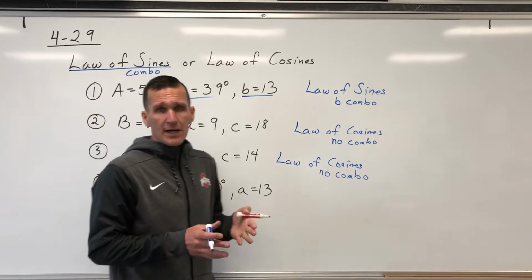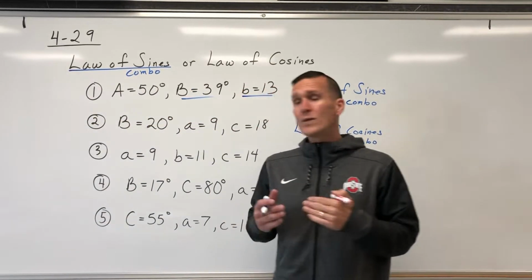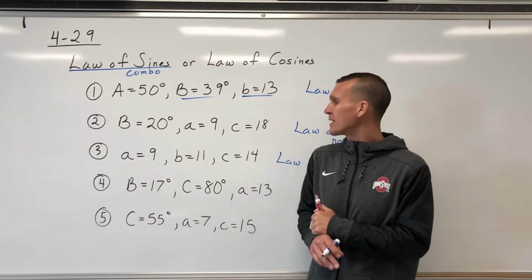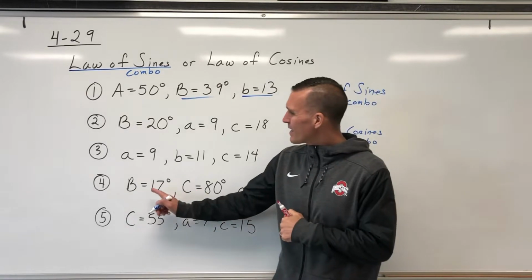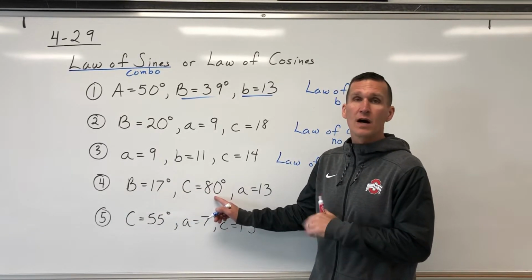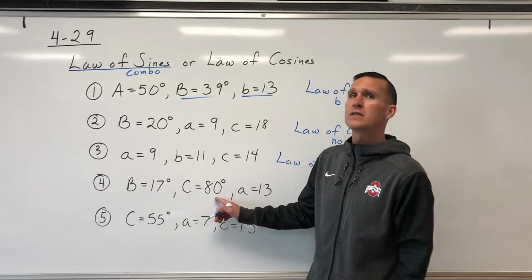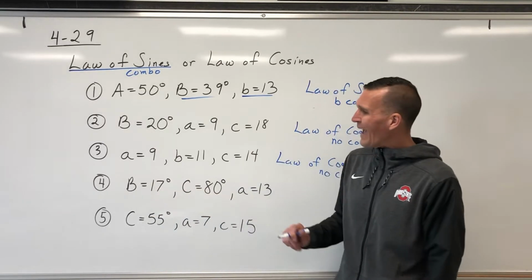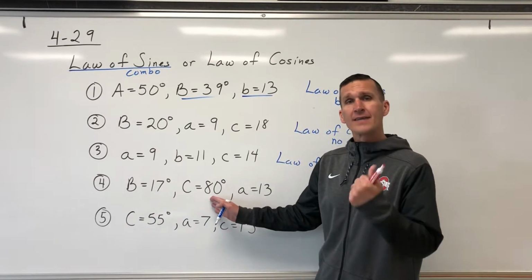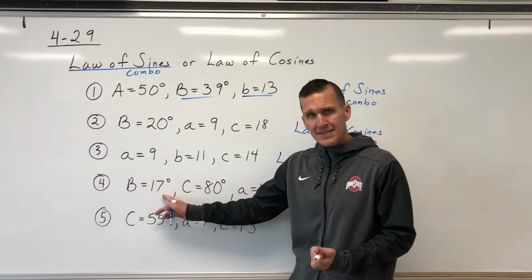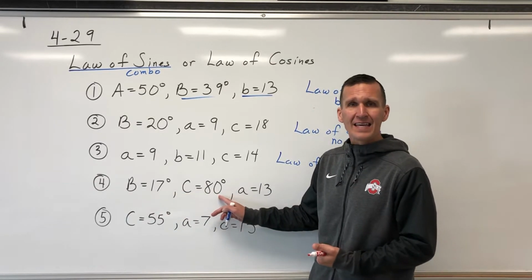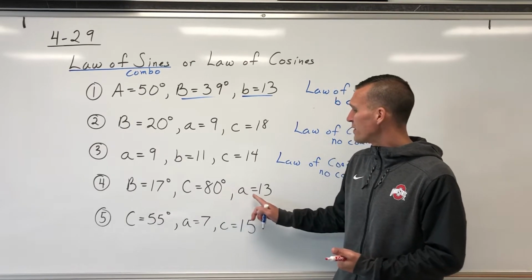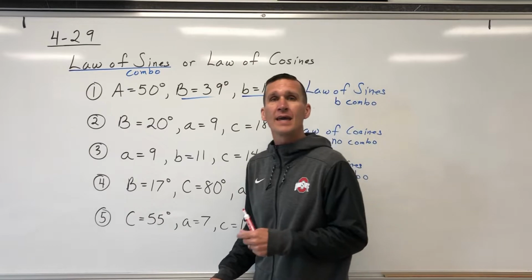This is the only time that you don't see a combo right away, but you still use law of sines. Because anytime you're given 2 angles of a triangle, it would be super easy to find the 3rd angle of a triangle. So even though I don't have angle A, I could take 180 degrees minus 17 minus 80 and find angle A. And if I do that, I would have the little a, big A combo.